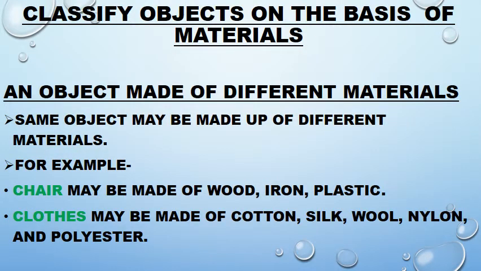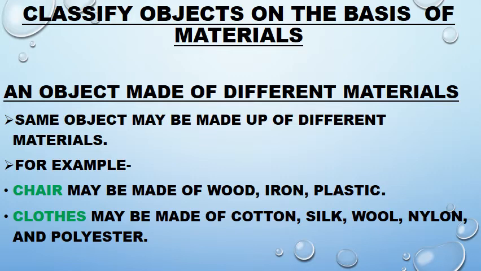Now, let us study how we can classify objects on the basis of materials. You know, an object can be made of different materials. For example, we use a plate in our daily life. So, a plate may be made of different materials like plastic, glass, stainless steel, and paper.